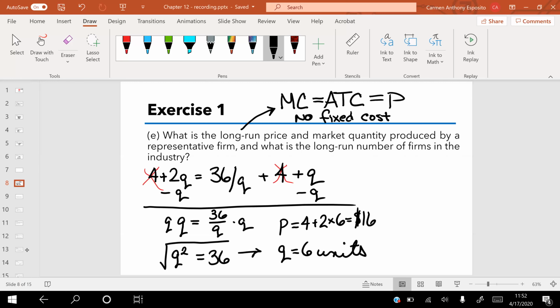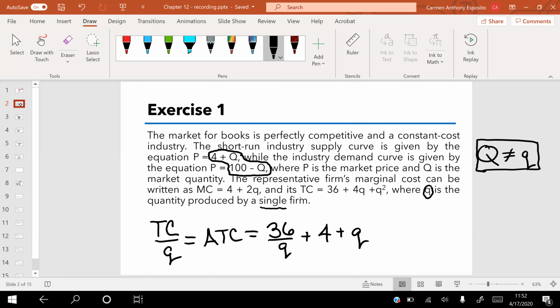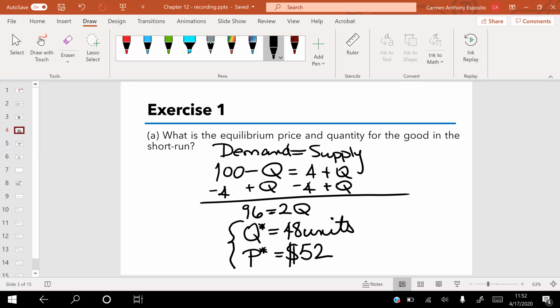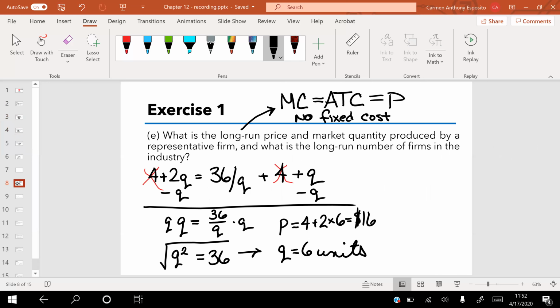Well, what is market quantity? Well, let's see if something can give us the market quantity. Well, didn't we find that already? It's 48, right? And so 6 times N, oh, wait, hold on.